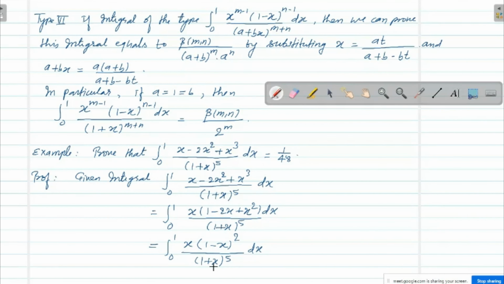Now we will compare this problem with the standard one. Just wait, let us move to the next page and we will see it later.